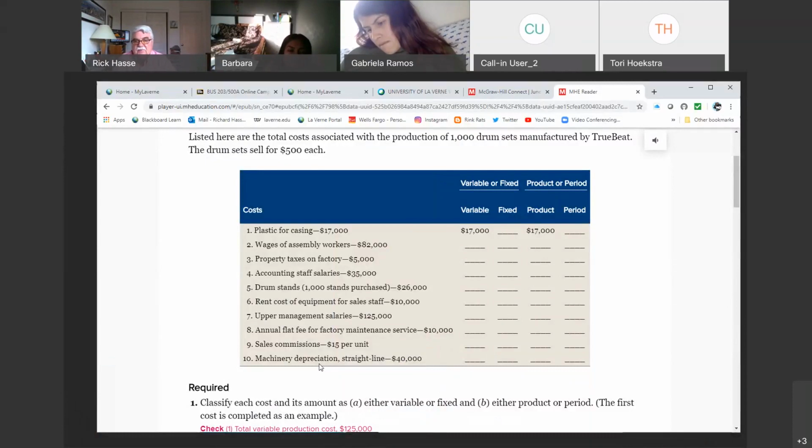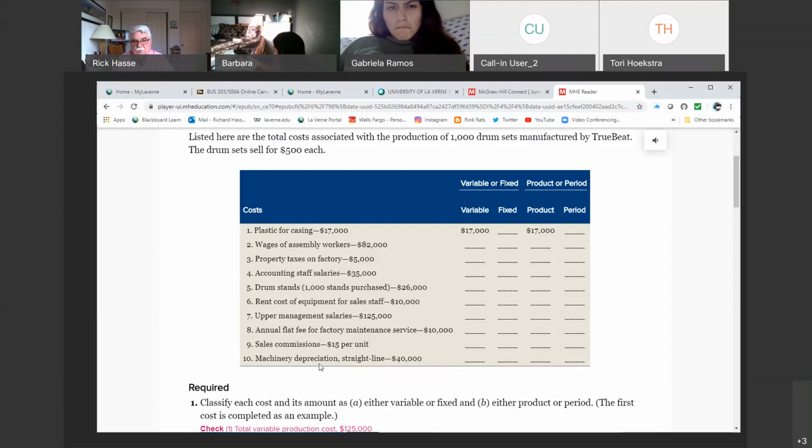The object of this is to take a look at these different types of business expenses and determine whether they're variable, fixed, product, or period. This is a problem you might see on your examination, where I give you different types of expenses and you have to determine what type of cost classification occurs in.